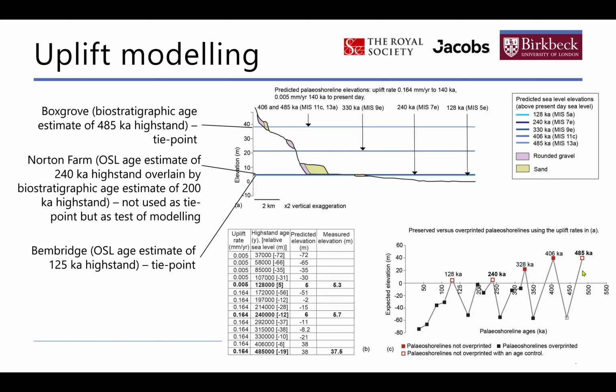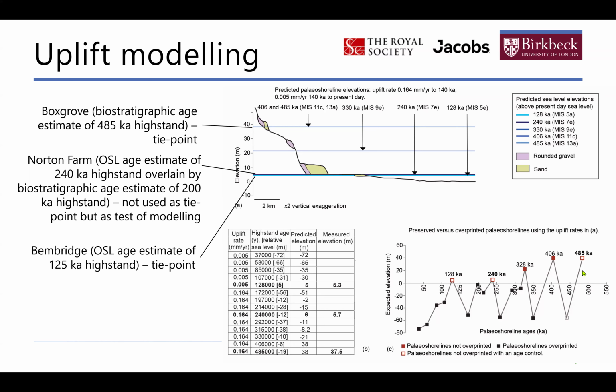So then you have this diagram in the bottom right-hand corner that is quite difficult to understand. It's basically a picture of this expected elevation, so where you would expect the different sea level high stands to hit the coast.